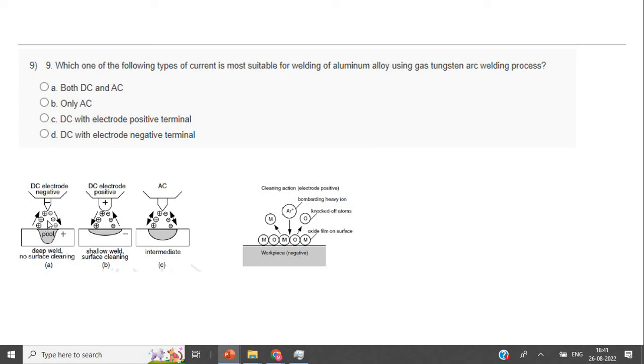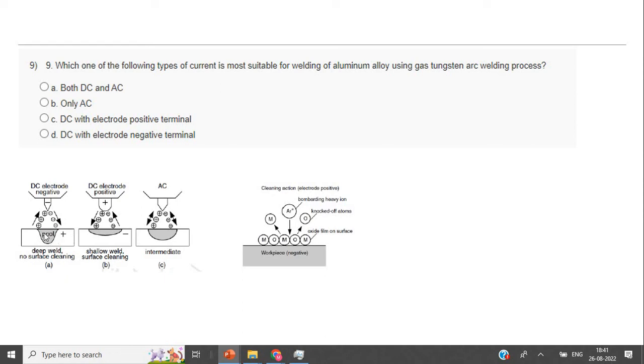So electrons will move from the electrode to the workpiece in DCEN, and once the electrons hit, the temperature of the plate will rise to around 660 or more, melting will happen, and joining will take place. But the point is that for highly reactive metals the surface is exposed to the atmosphere, so aluminum oxide forms, whose melting point is higher than the pure metal.